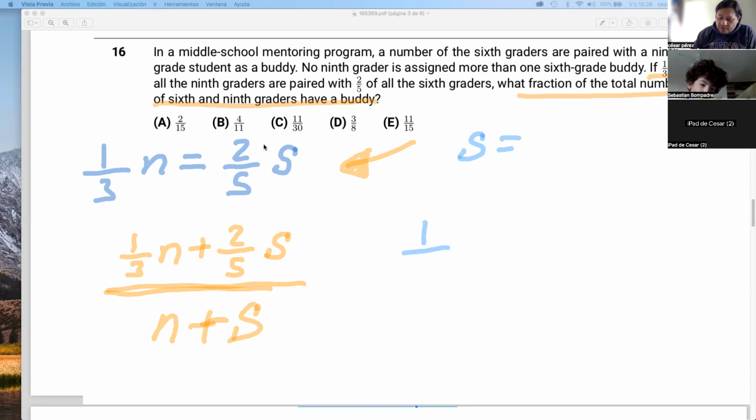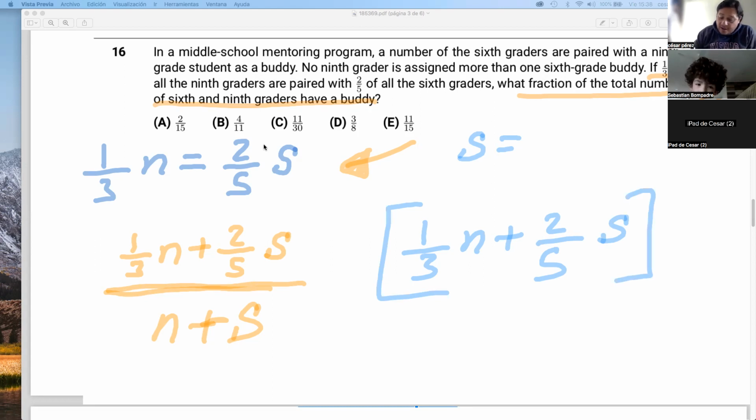We have 1/3 of n plus 2 x. And we are going to multiply all this. Okay, I am wrong. We are going to multiply both by 5.